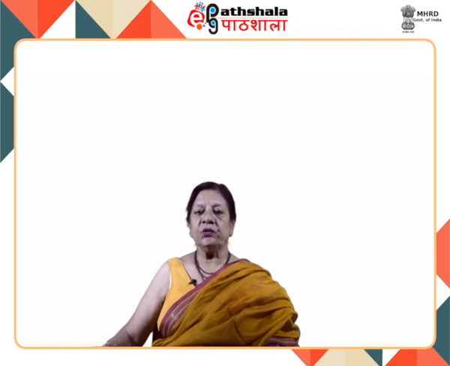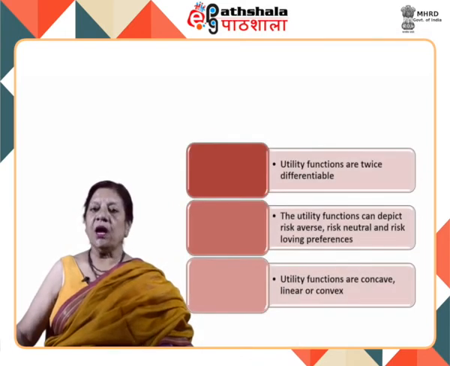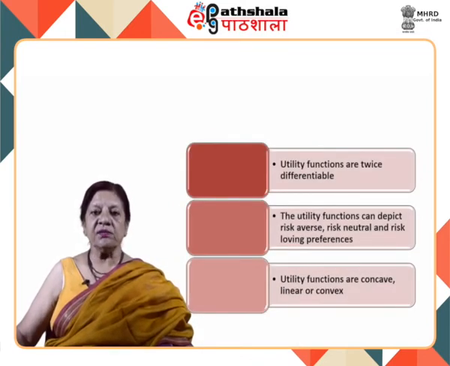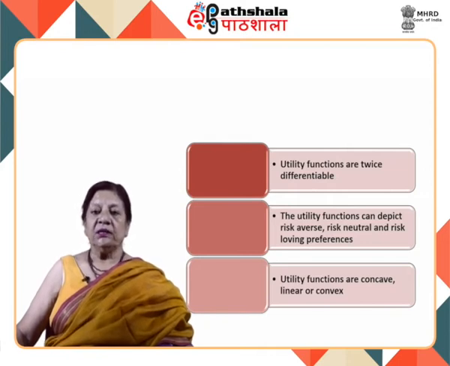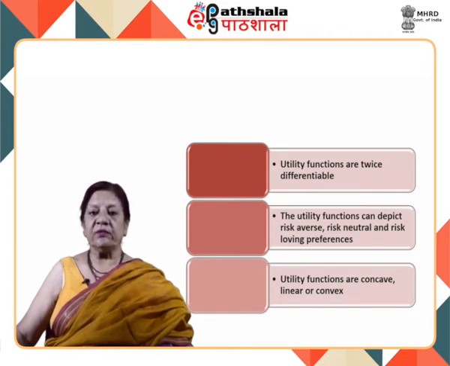This is in contrast to the ordinal utility function, wherein one ordinal utility function can be replaced by its monotonic transformation. In this sense, the Neumann-Morgenstern utility function is cardinal. In addition to the above assumptions, that is axioms, it shall be assumed that the utility functions are twice differentiable.